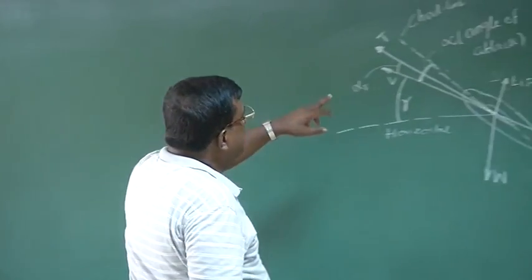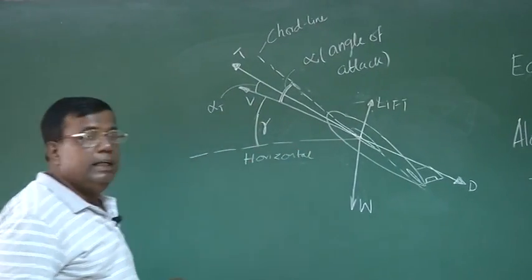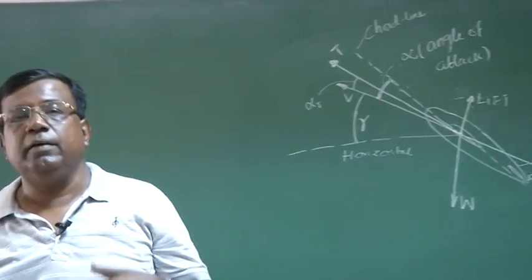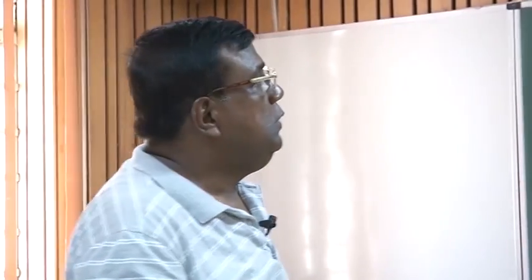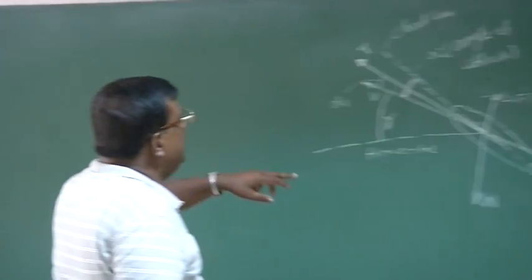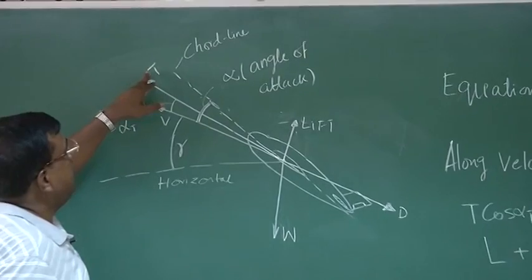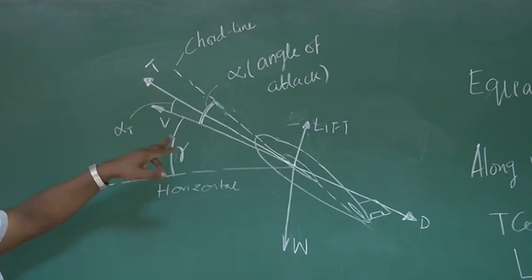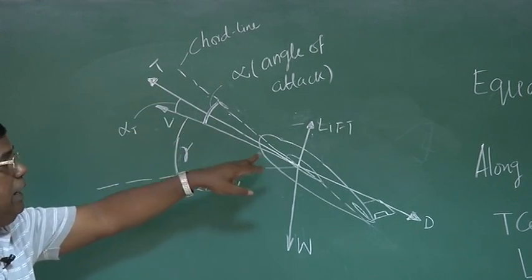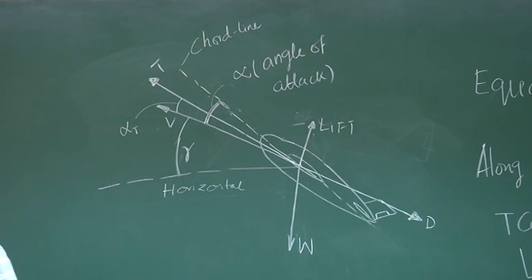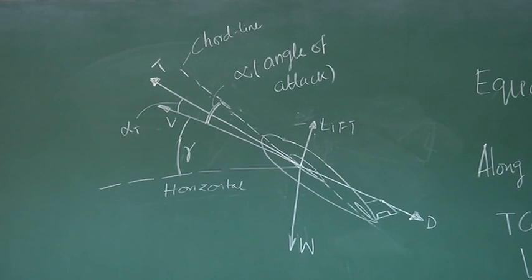So this is the chord line, and every aircraft will have an engine, because after all it has to have enough thrust to overcome the drag experienced by the airplane. So let's say the engine is installed in such a way that the thrust vector is in this direction, which is not exactly on the velocity direction, because this airplane will have not only thrust as a force, it also will have gravity, it will have drag.